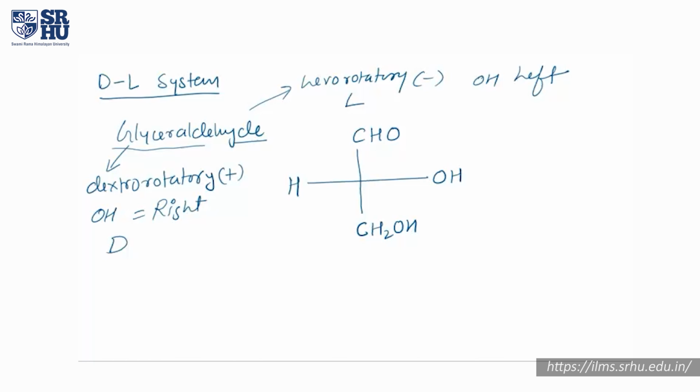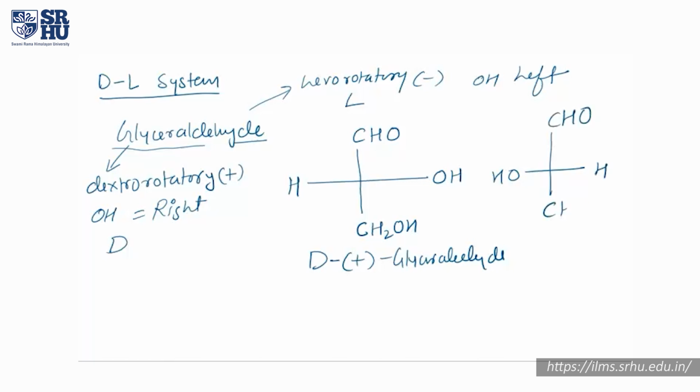So as this is dextrorotatory, it is D glyceraldehyde. There is another glyceraldehyde which is levorotatory, with OH on the left hand side and H on the right hand side, CHO. This is L, this is negative glyceraldehyde.